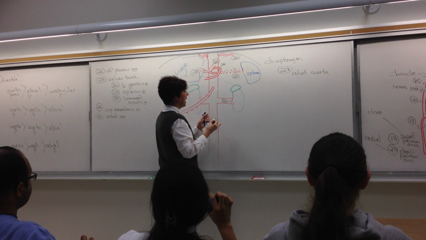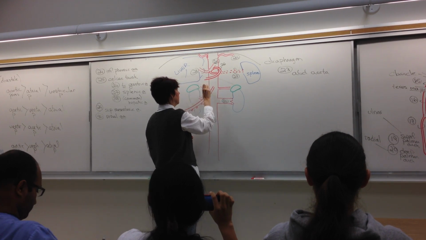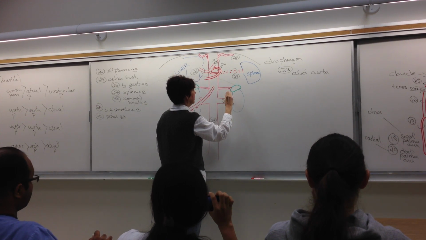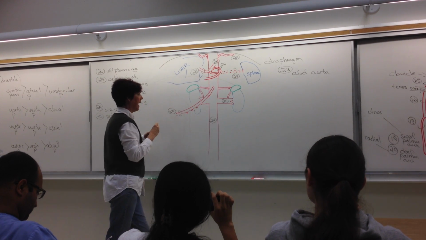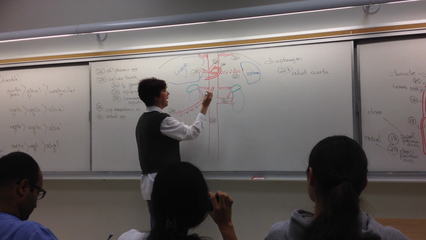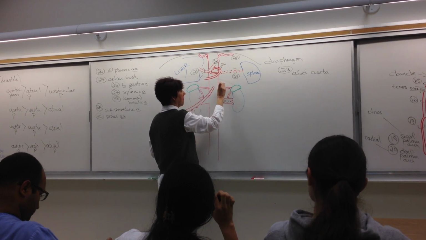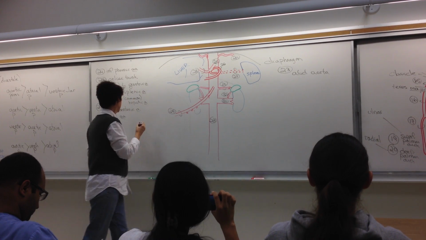So coming from the aorta itself, and coming off of the renal arteries, we have the superior adrenal and the middle adrenal, superior we're not drawing on here, and inferior adrenal arteries.